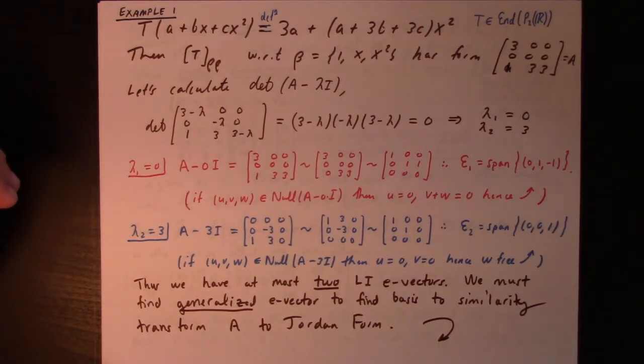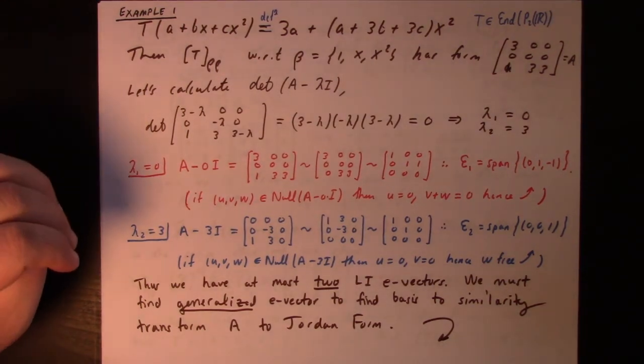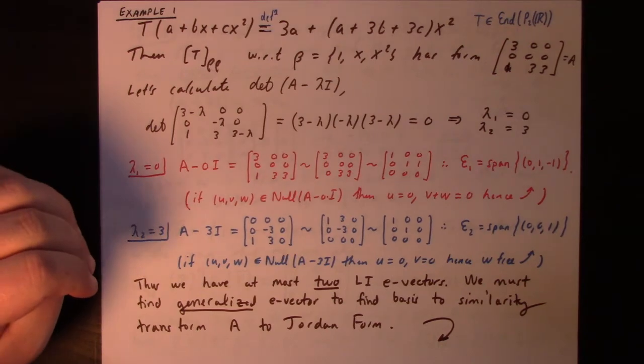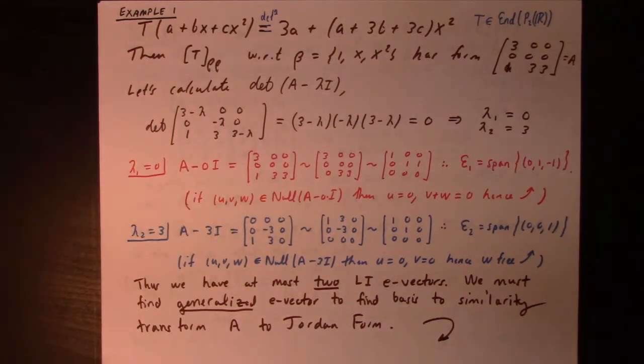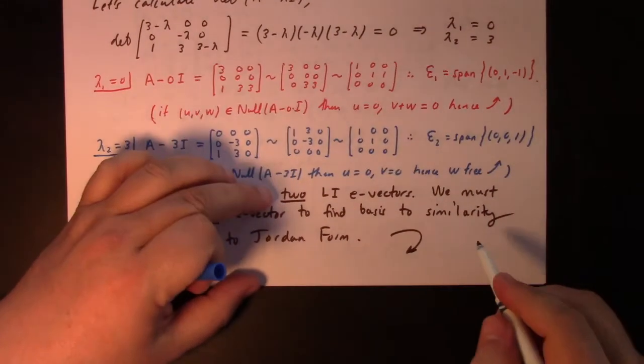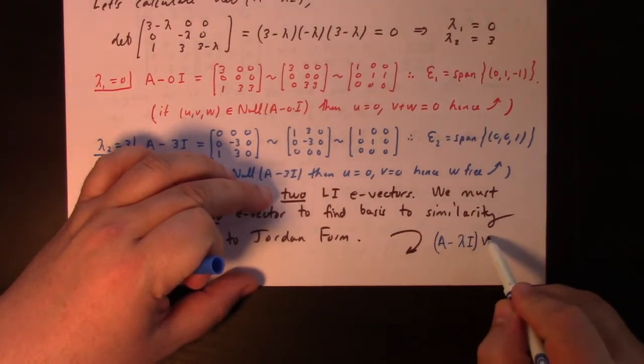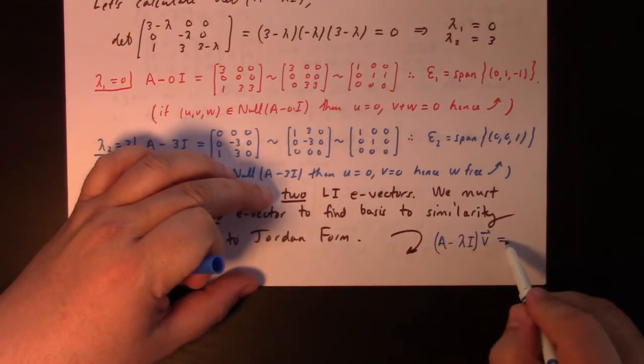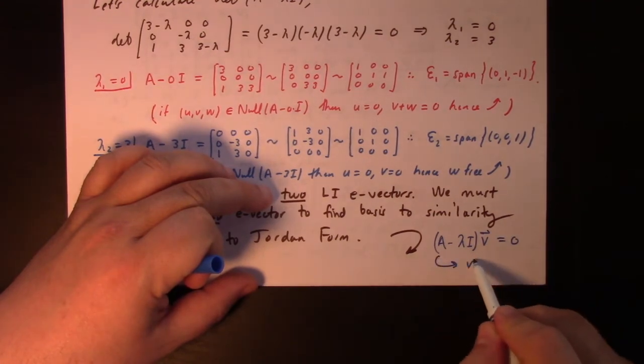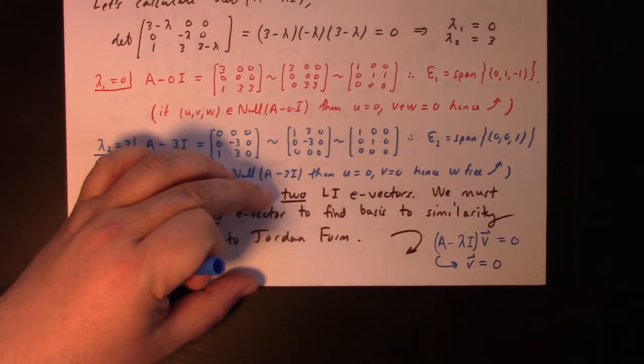Right? So, let me just make a side note here, guys. What does it mean if you're working on A minus lambda I times the vector v equal to 0, and you do legitimate algebra and it tells you v is equal to 0? What's that mean? And that's the only solution.